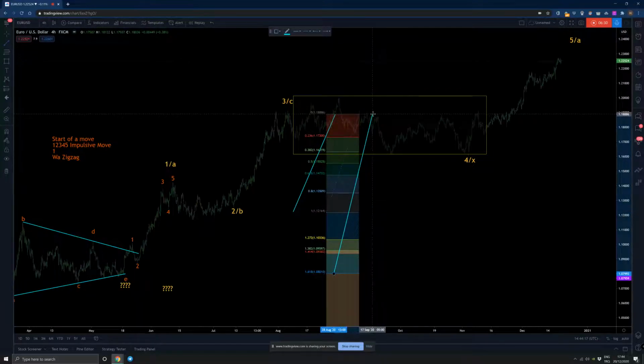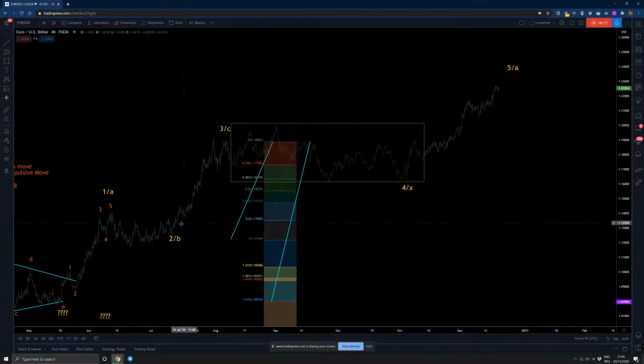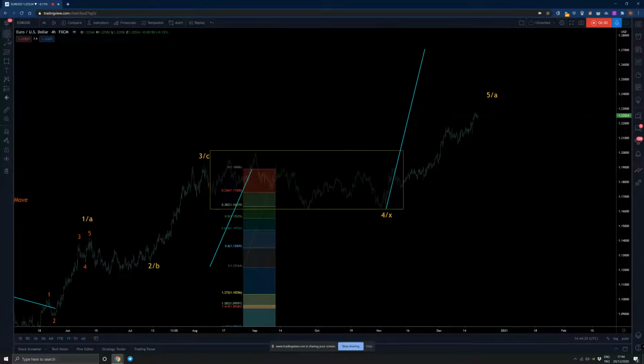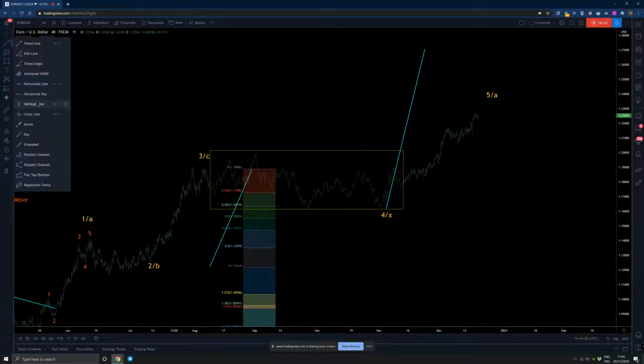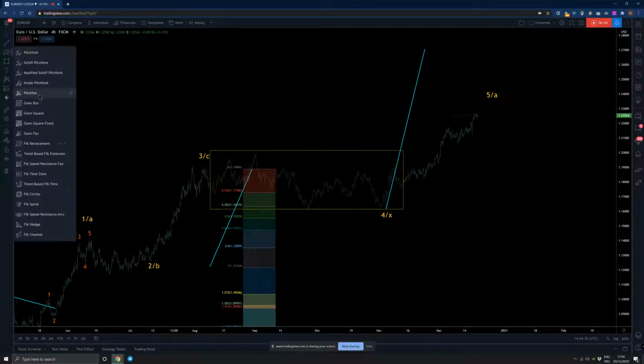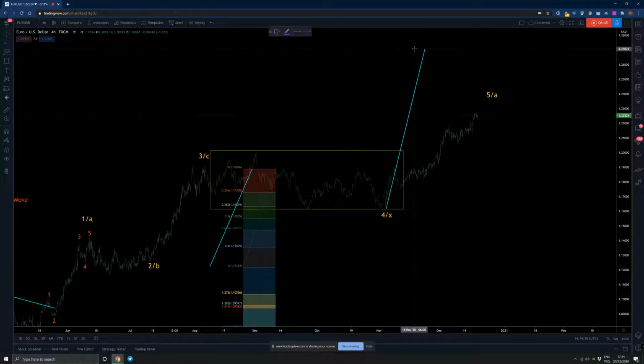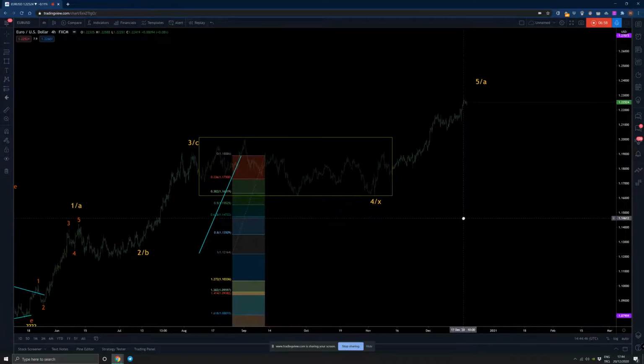And we need the extension, the second wave that is longest, but we need 161.8 out of it. And I put it on the fourth wave. Now, if we will have a fifth wave extension, this is where we should go minimum. That's 127. Okay, so if you think that we are in an impulsive move like this, this is the target that you should be looking for.